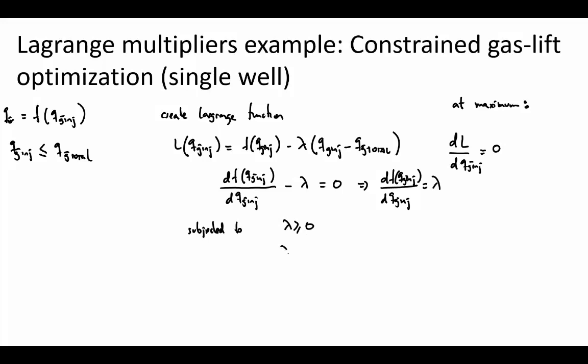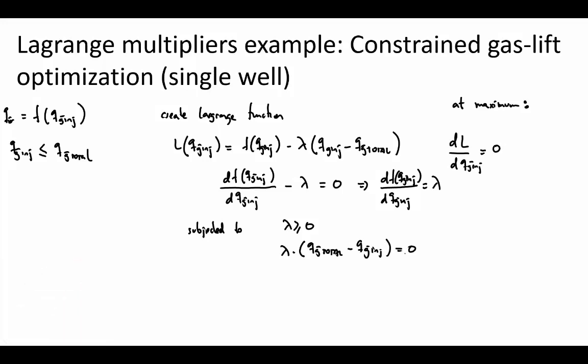We have the constraint that lambda times Q gas injection minus Q gas total is equal to 0.